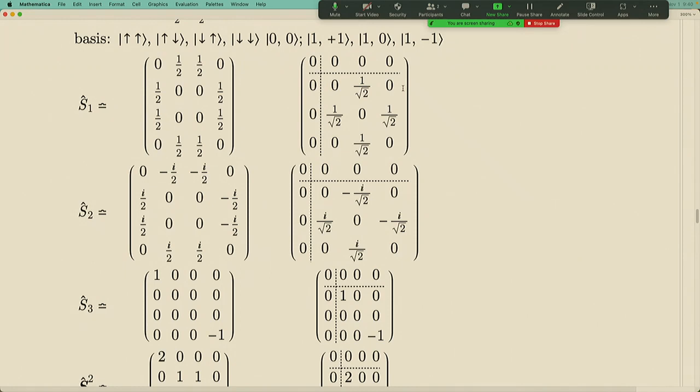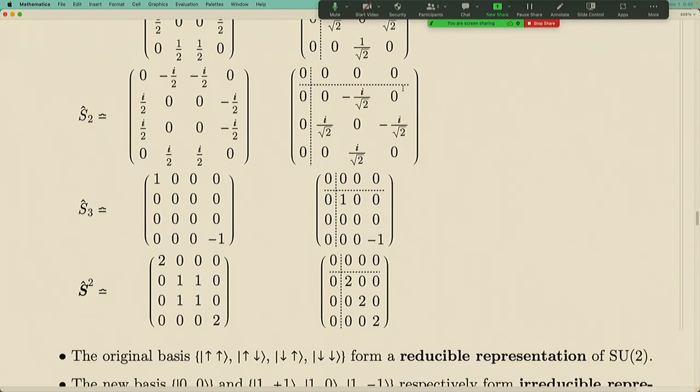It becomes another representation of these operators. And very notably, this S-square operator, if you represent it in the spin 1/2 tensor spin 1/2 basis, it's not diagonal, non-trivial. But if you try to diagonalize that, it will become a diagonal matrix.